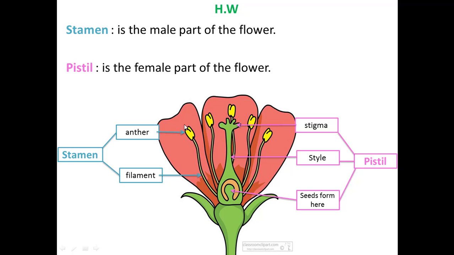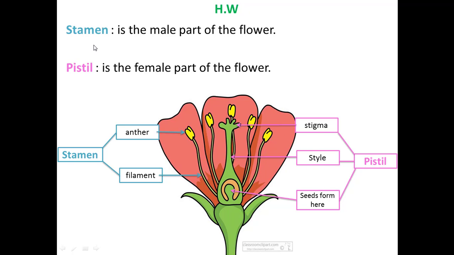So, what's stamen? Stamen is the male part of the flower, and what's pistil? Pistil is the female part of the flower. Stamen is the male one, that's why I colored it blue, and pistil is the female one, that's why I colored it pink. Okay.